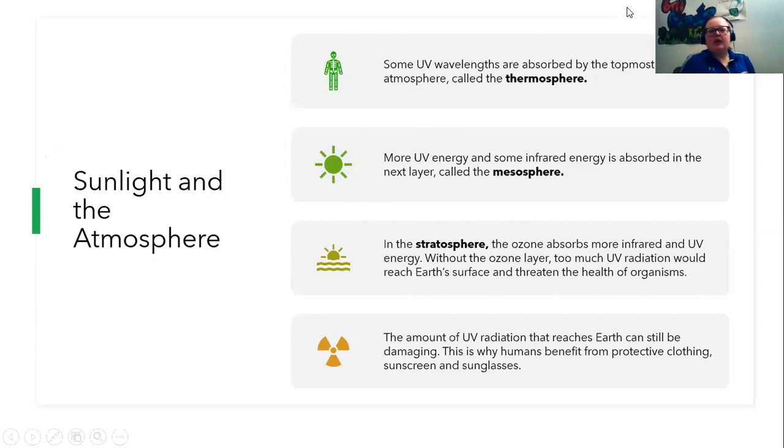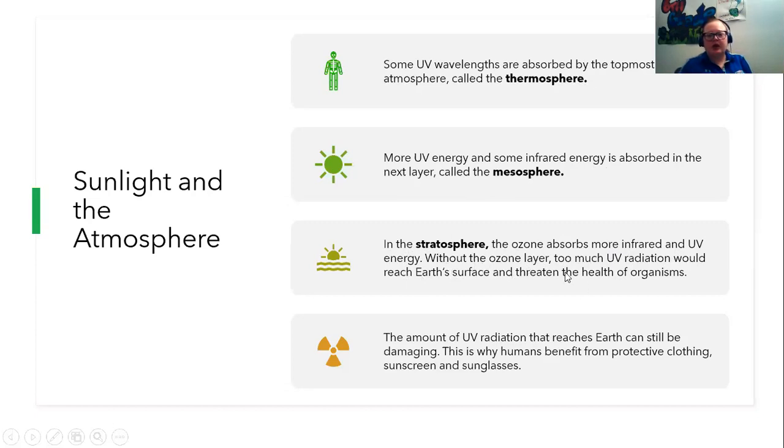Some UV wavelengths are absorbed by the topmost layer of the atmosphere, called the thermosphere. More UV energy and some infrared energy is absorbed in the next layer, called the mesosphere. In the stratosphere, the ozone absorbs more infrared and UV energy.